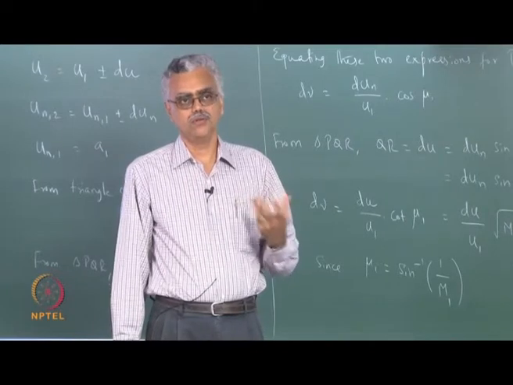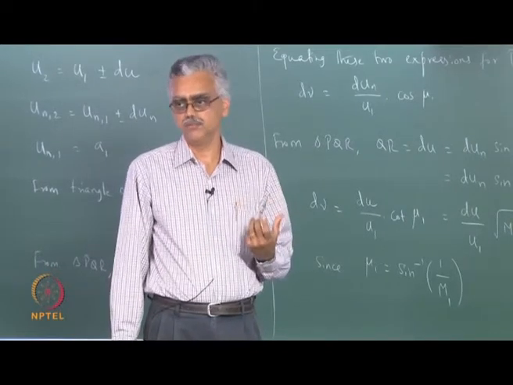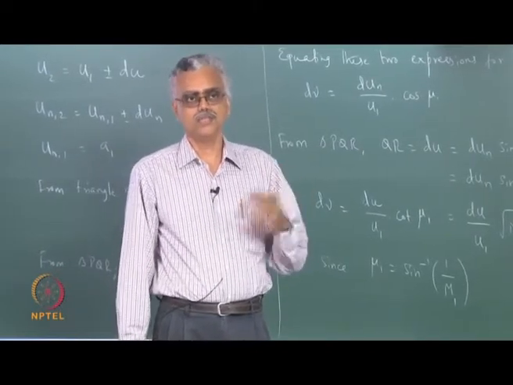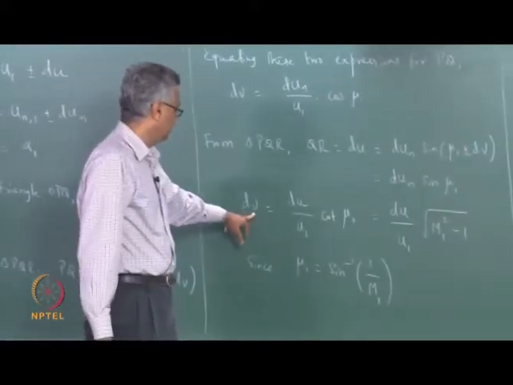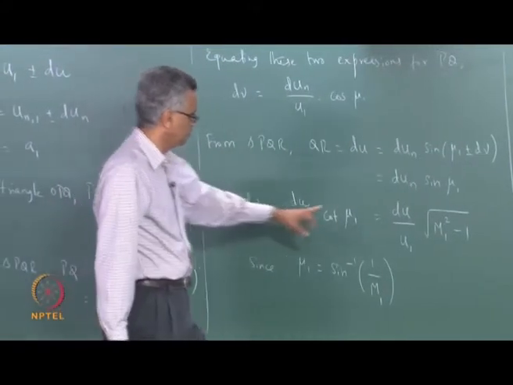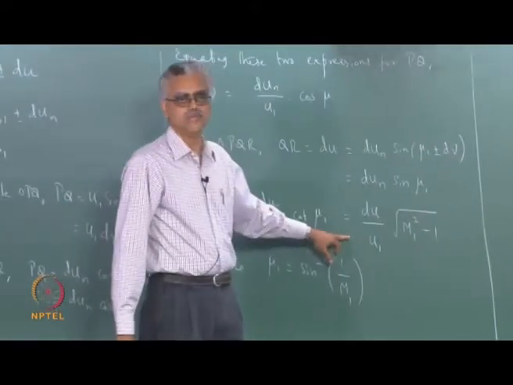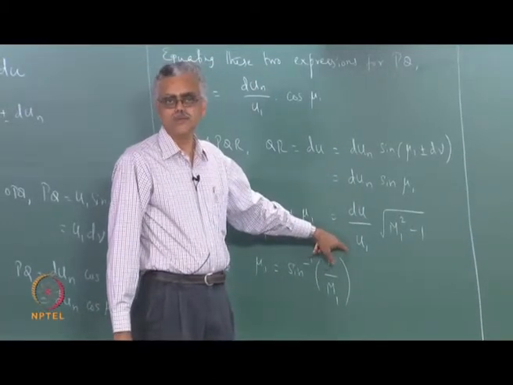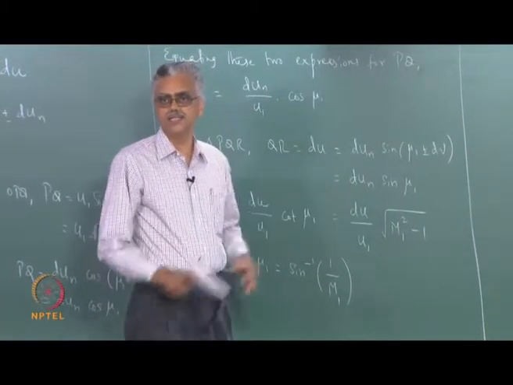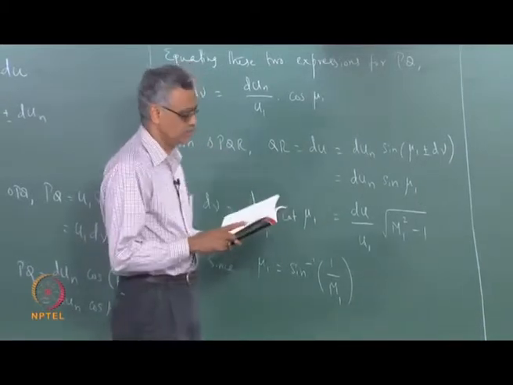Now, we know that the normal velocity approaching this is a1, number one, and number two, the flow turning is also infinitesimal. It's an isentropic process. So, we want to relate the change in Prandtl-Meyer angle to Mach number alone, which means that I want to rewrite du over u1 in terms of M1 alone. Then I will have a relationship which I can integrate and get the closed form relationship.